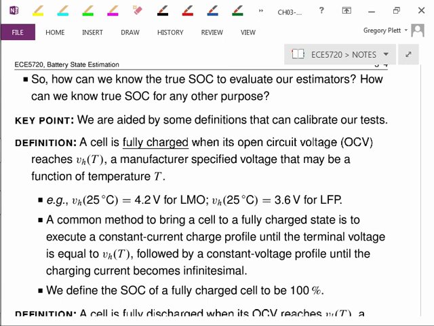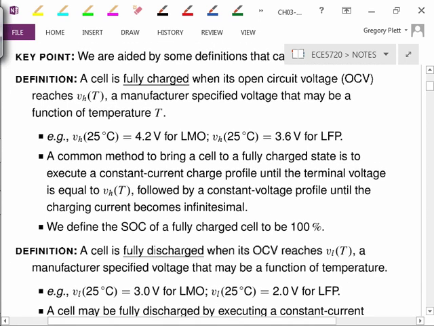And so we will use the following definitions, hopefully to help us understand the problem better, but also to calibrate our laboratory tests to come up with the truth of what SOC really is, against which to compare the estimates that we come up with. These definitions may seem routine and boring, but they are important. Otherwise, we don't know if we're talking about the same thing when we mention the same term.